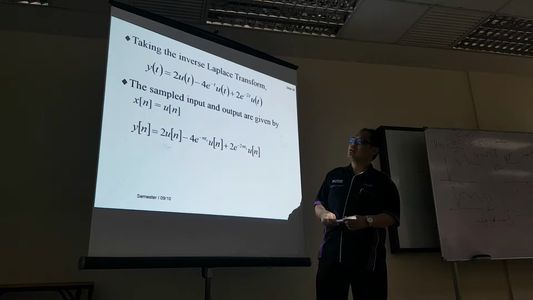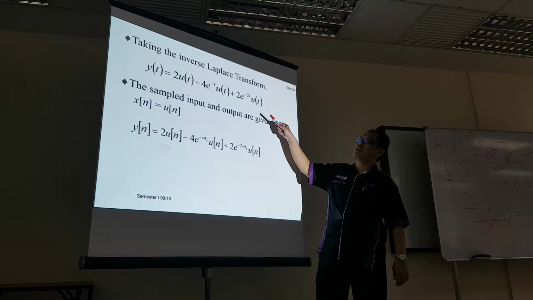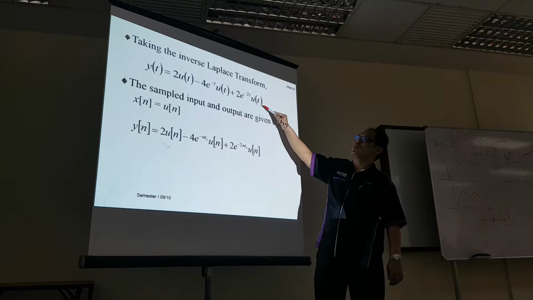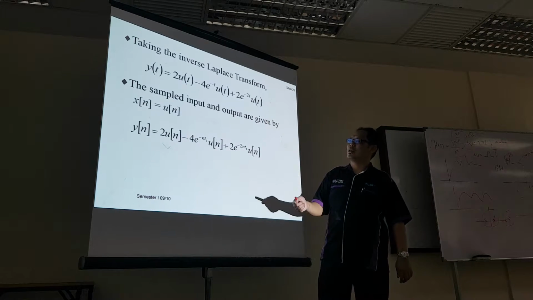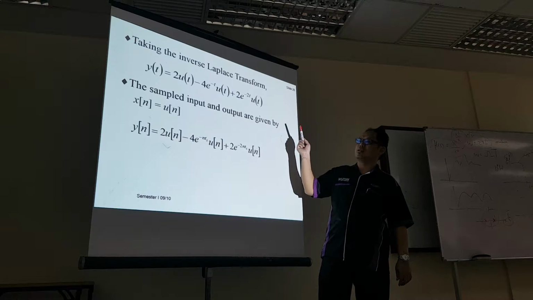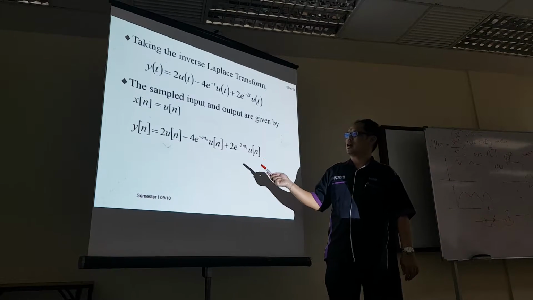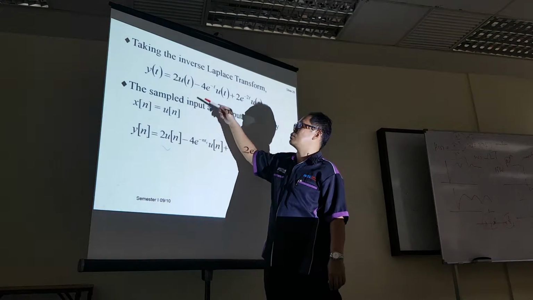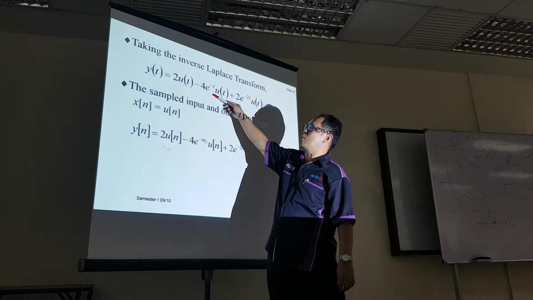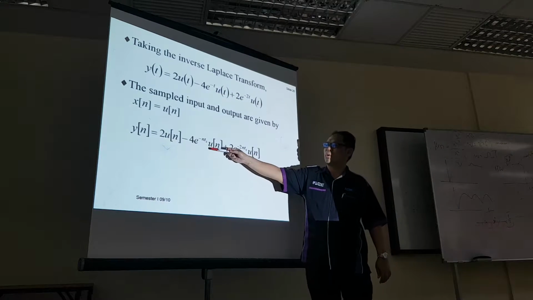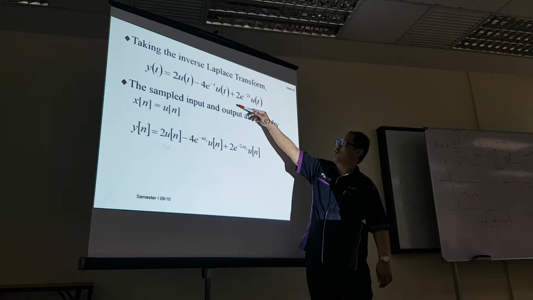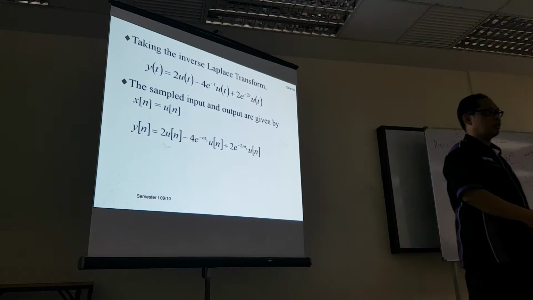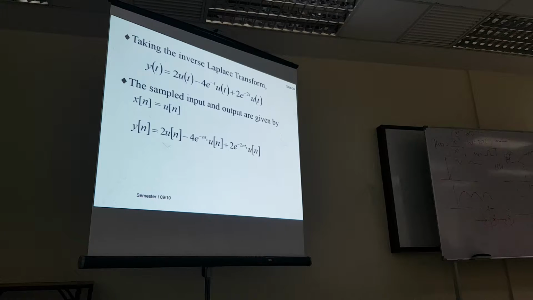Okay. Let's say you start with analog. You convert to Laplace, and then you find the output y(t). If the sample input is in digital form, then x(n) will be equal to u(n), and then from this you can straight away convert from this y(t), you get in digital form y(n) equals 2u(n) minus 4e^(-2nTs)u(n), and this convert directly from the digital table.